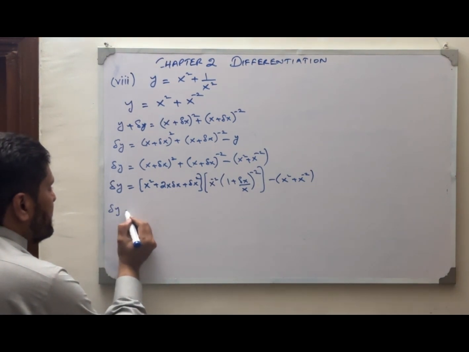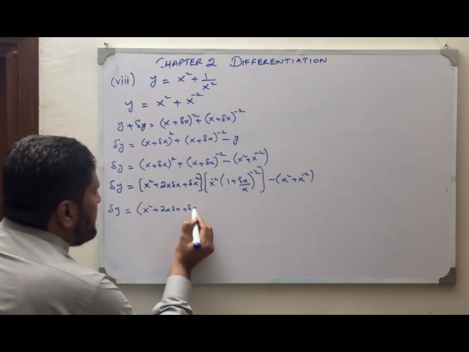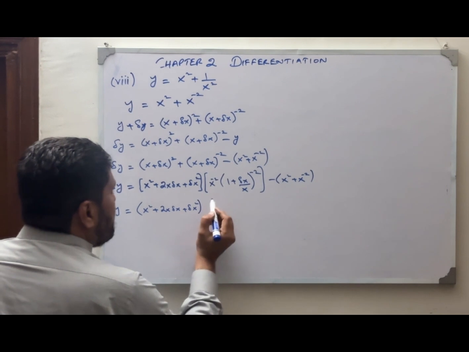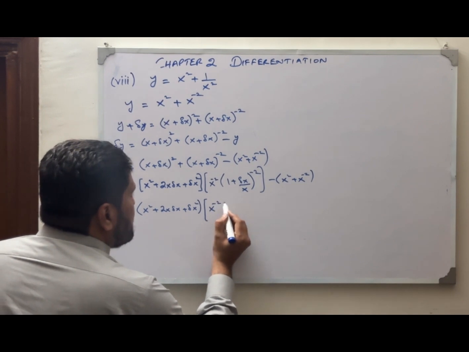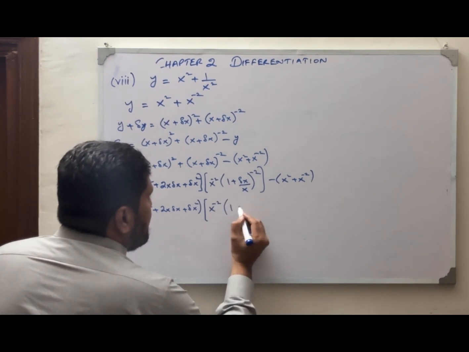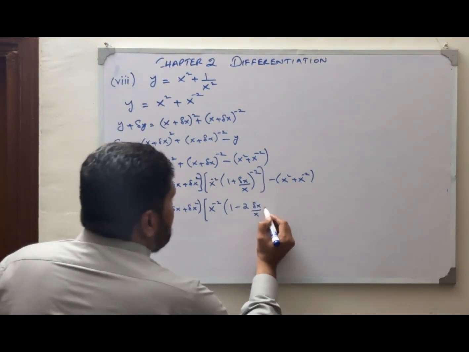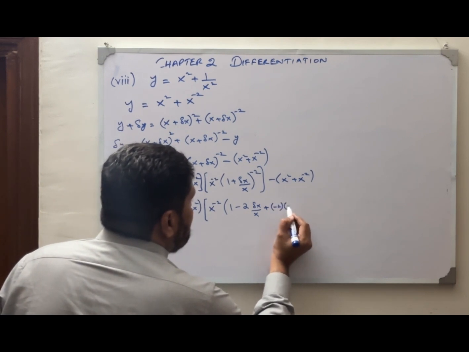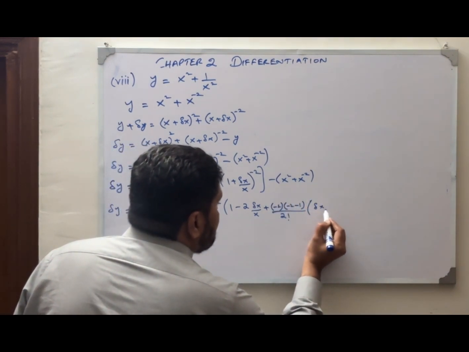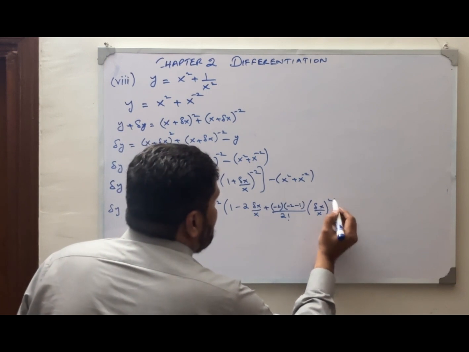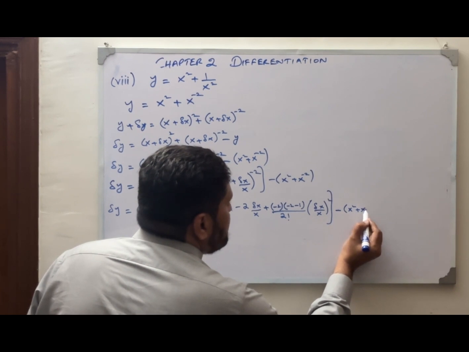So by taking the simplification, we have x square plus 2x delta x plus delta x square, and then x power minus 2 into 1 plus nx, so 1 minus 2 into delta x by x, and then the third term plus n into n minus 1, minus 2 into minus 2 minus 1 over 2 factorial into delta x square, delta x by x whole square, and then the remaining term minus x square plus x power minus 2.